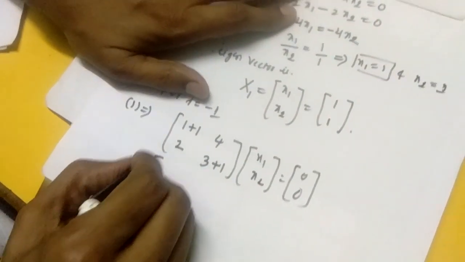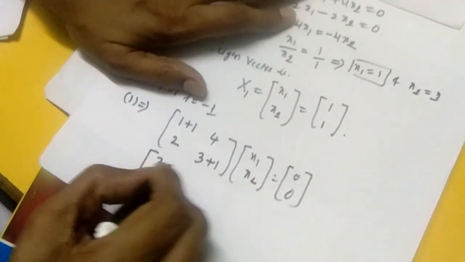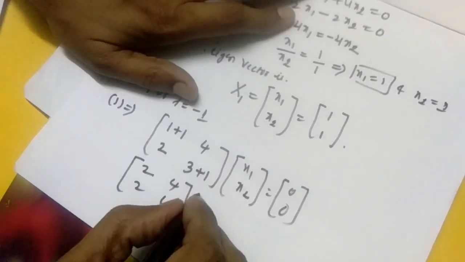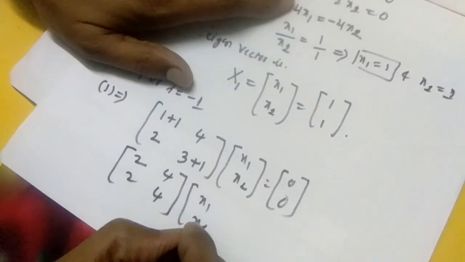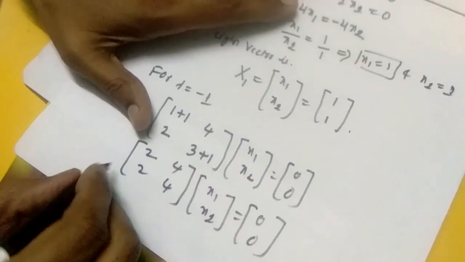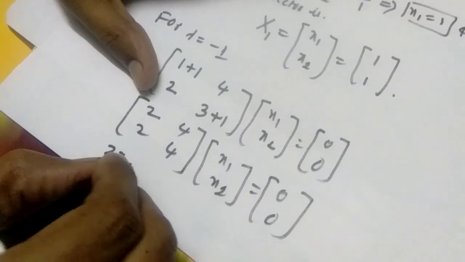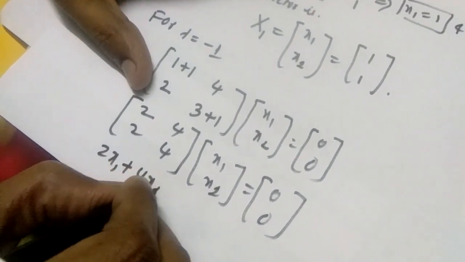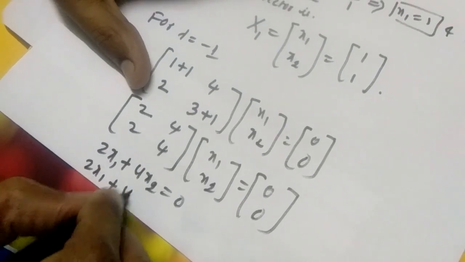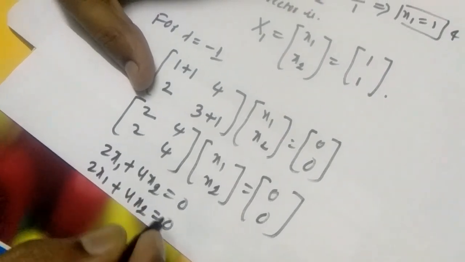Now plus 1 is 2, 4; 2, 4, into [x1, x2] equal to [0, 0]. It is nothing but 2x1 plus 4x2 equal to 0, or 2x1 plus 4x2 equal to 0.